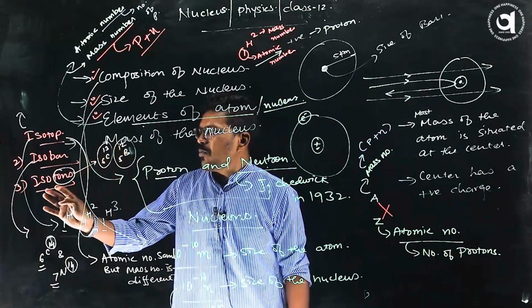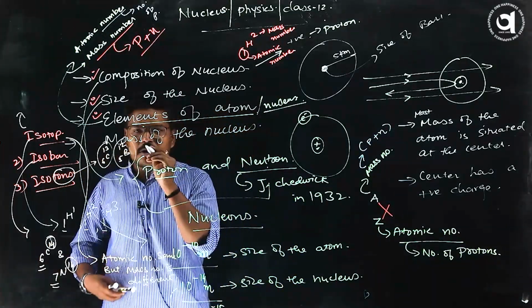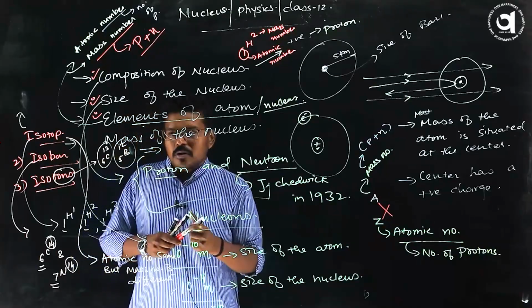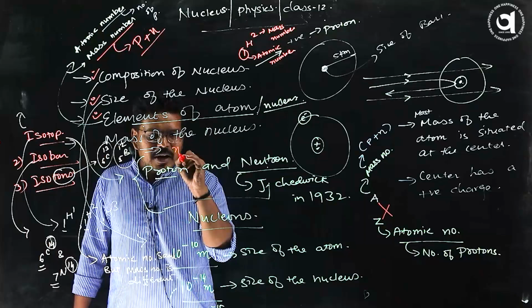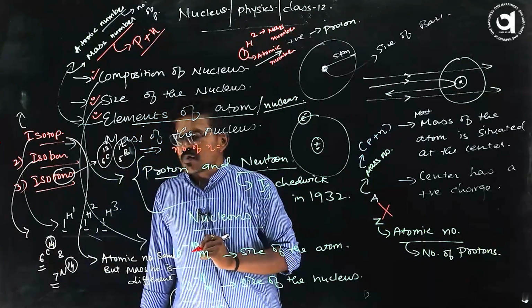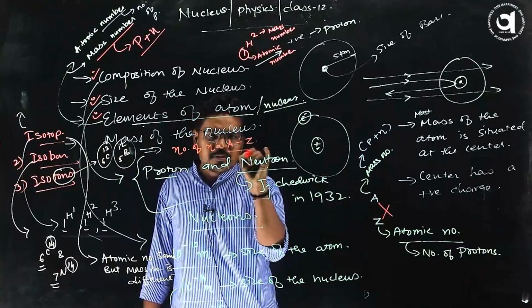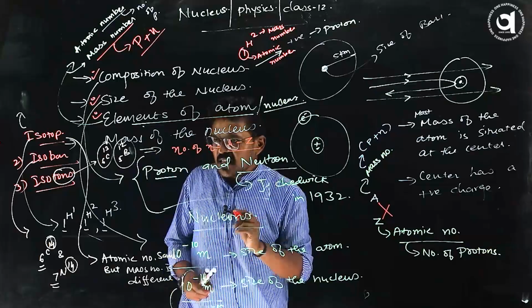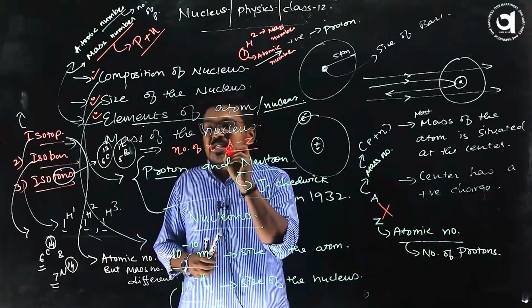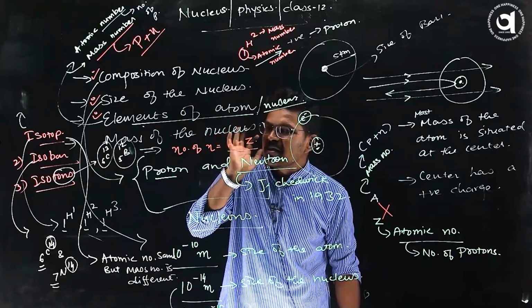See, now how are we finding the neutron number? If you want to find the number of neutrons, it is equal to mass number minus atomic number.